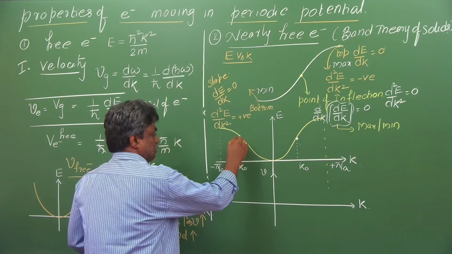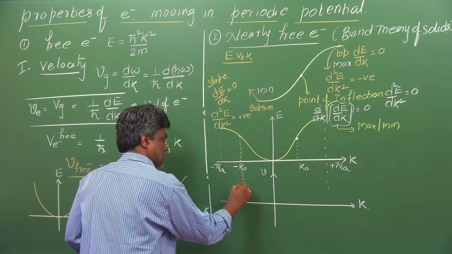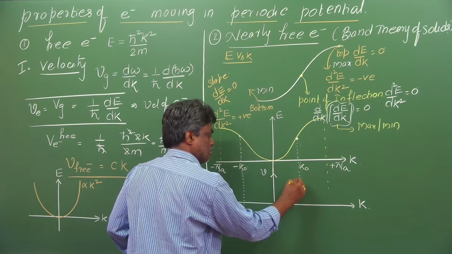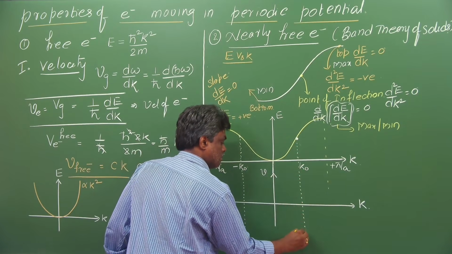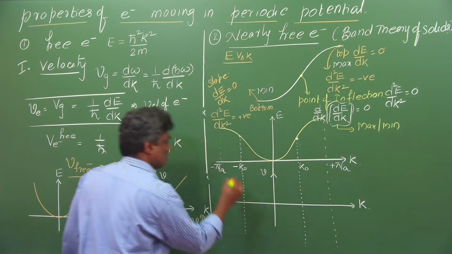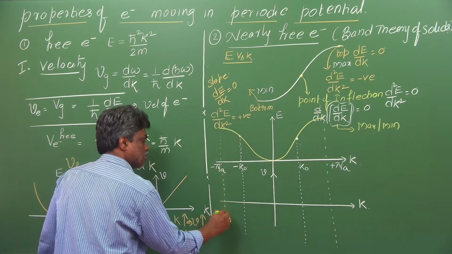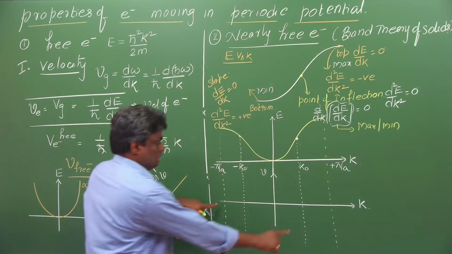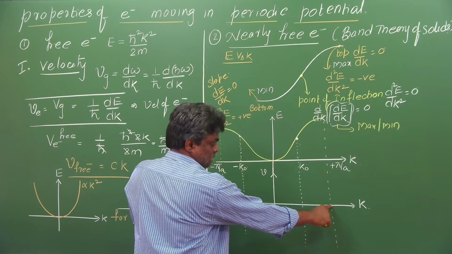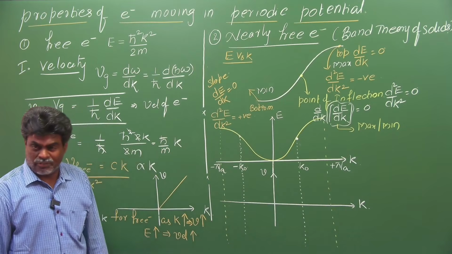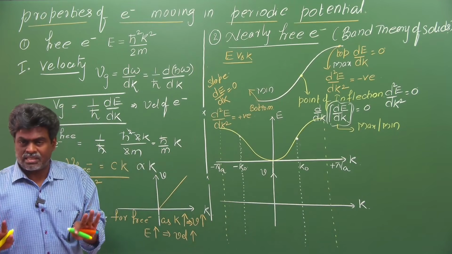Carefully observe. Right. So now these yellow lines represent the zone boundaries and these white lines represent the points of inflection. Are you interested?